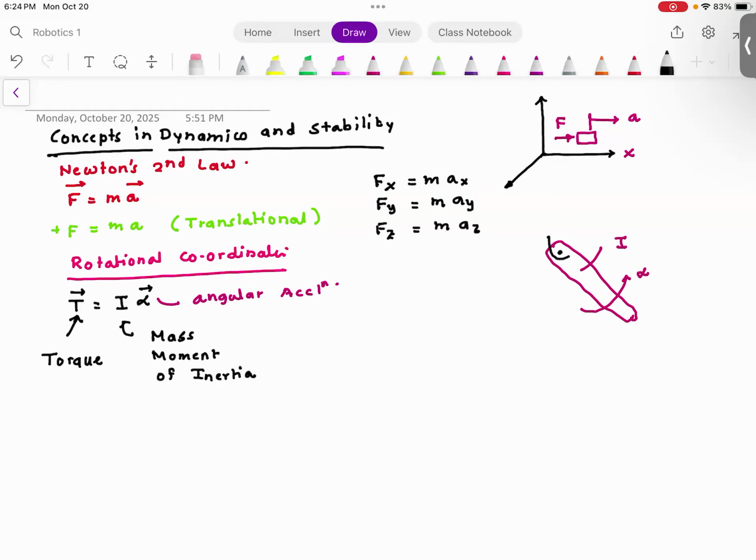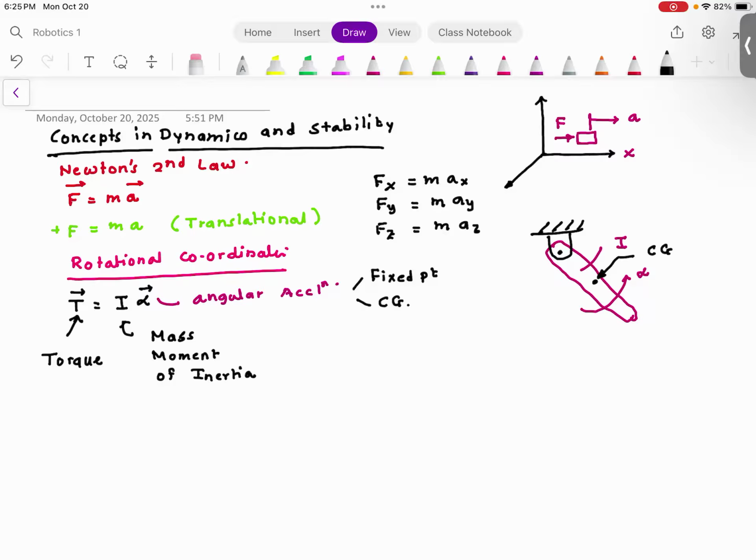So if you have a hinge, you can apply T is equal to I alpha at the fixed point, or at the center of gravity, CG. And the last case, when the velocity vector is parallel to the displacement vector, but that case does not arise in robotics.